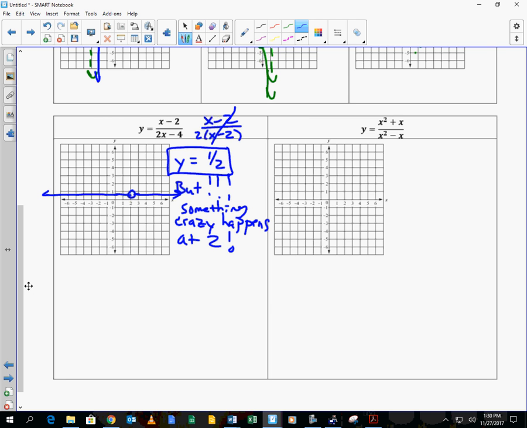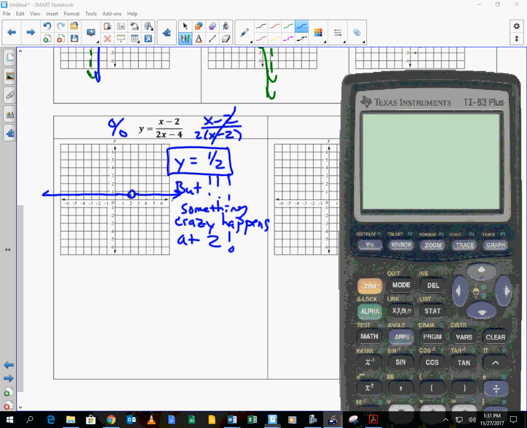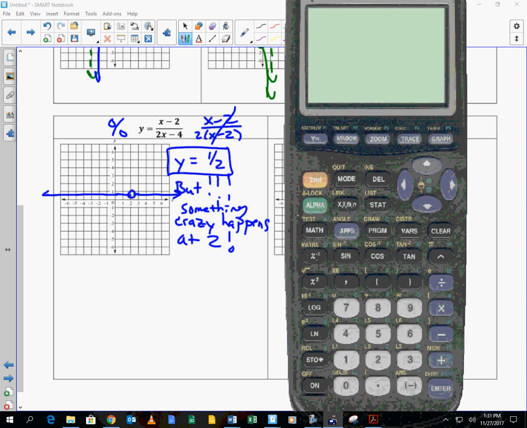Because it doesn't. Look at your original function. If you plugged in 2, you get 0 over 0, right? You can't do that. Now, you may not believe me. I'll show you.